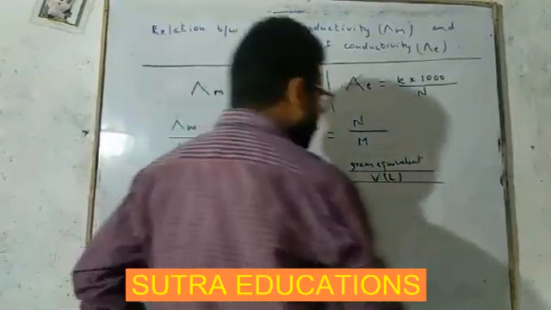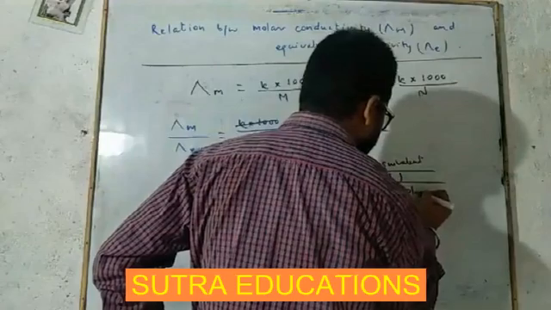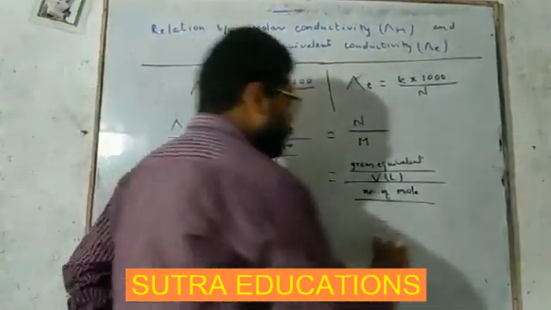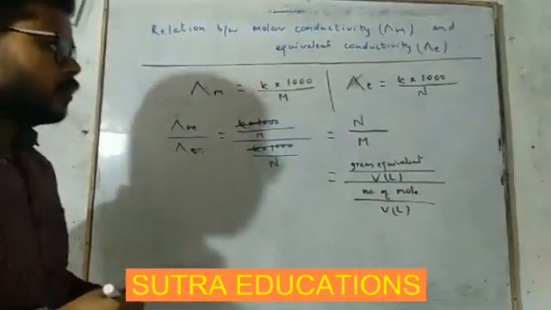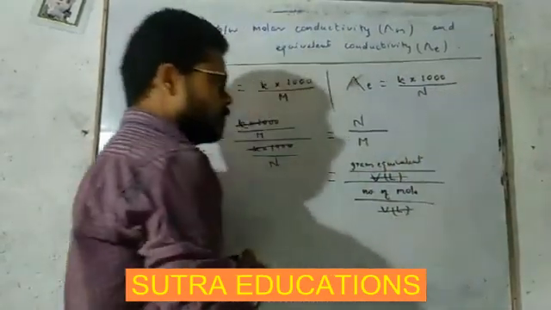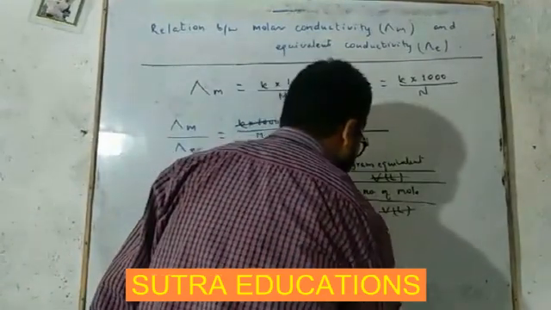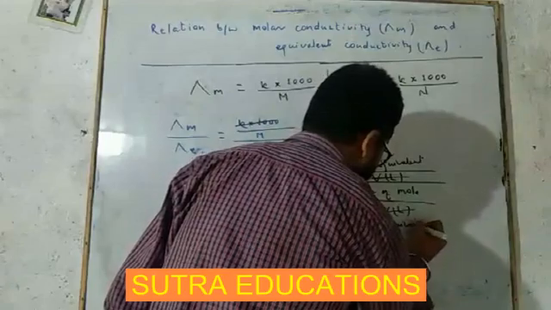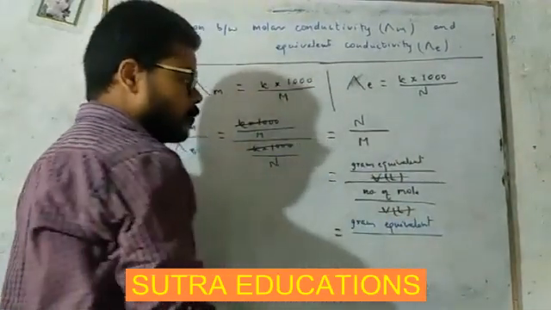It is number of moles present in volume of solution in liter. So volume will be cancelled out, and we will be having gram equivalent upon number of moles.